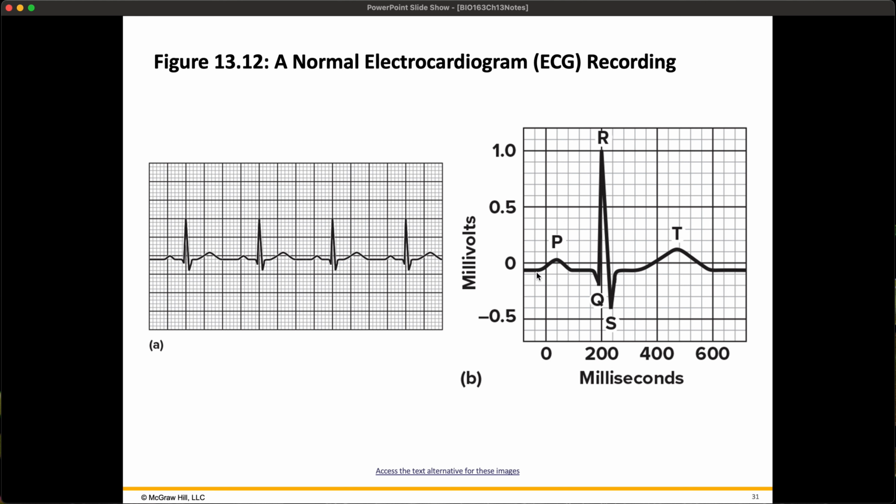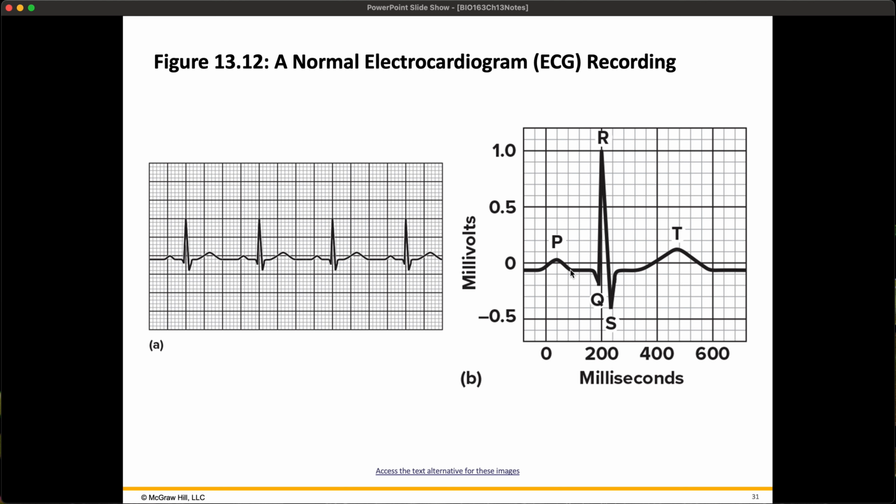So here's where you have your P wave, when your atria are contracting. Let me clarify my depolarization equals contraction statement: the electrical signal has to happen first. Right here, at the peak of the P wave, the muscle cells of the atria are starting to get that signal, but they don't actually contract until right here in this flat portion.